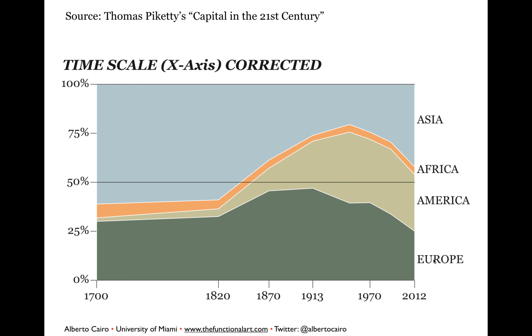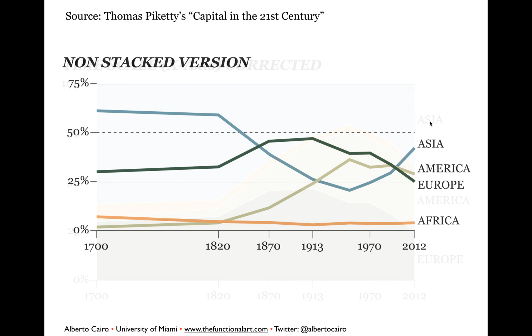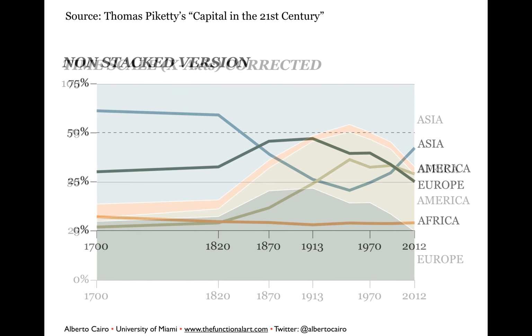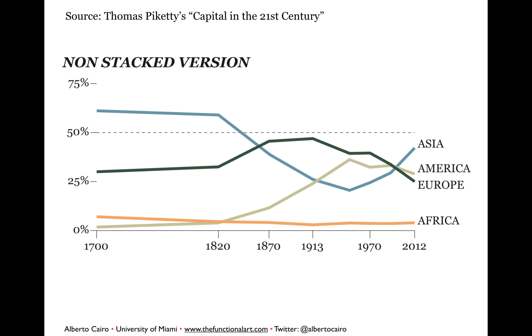But if the goal is to compare Europe to America, to Africa, to Asia, with some sort of accuracy, you will need to de-stack the chart, or create a non-stacked version of the chart in which all the lines are measured against a common zero baseline. Again, thinking about emphasis when we organize the elements on the chart. Here, the emphasis is Europe versus the rest. Here, the emphasis is comparing all continents to each other.